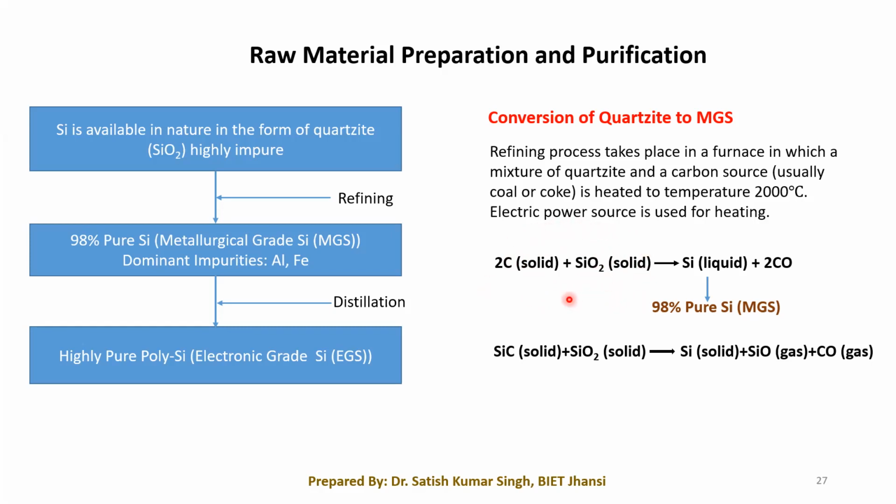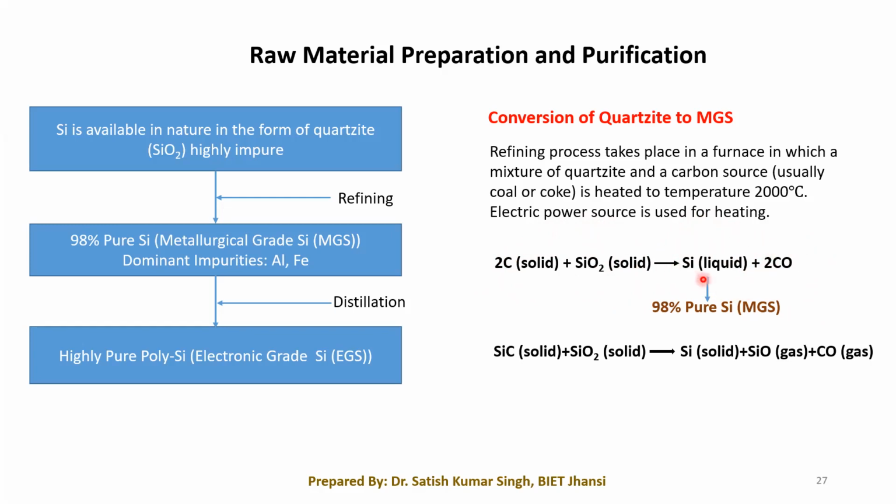So arc heating will be used, and because of the high temperature, a reaction will take place. Based on this chemical reaction, you will get silicon in liquid form, and carbon monoxide gas will be released.